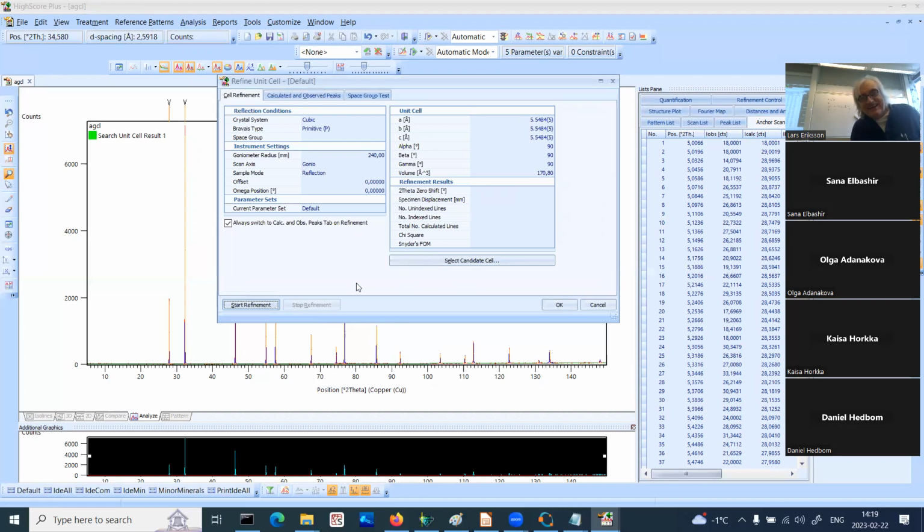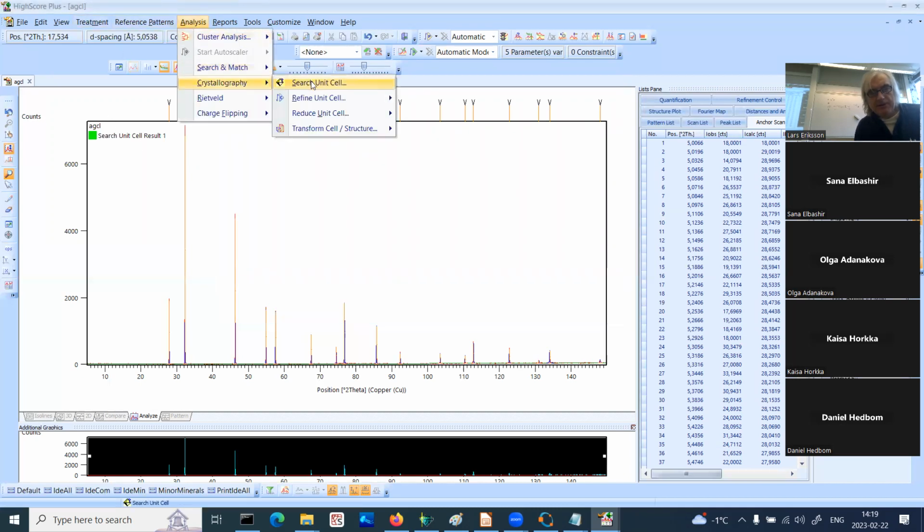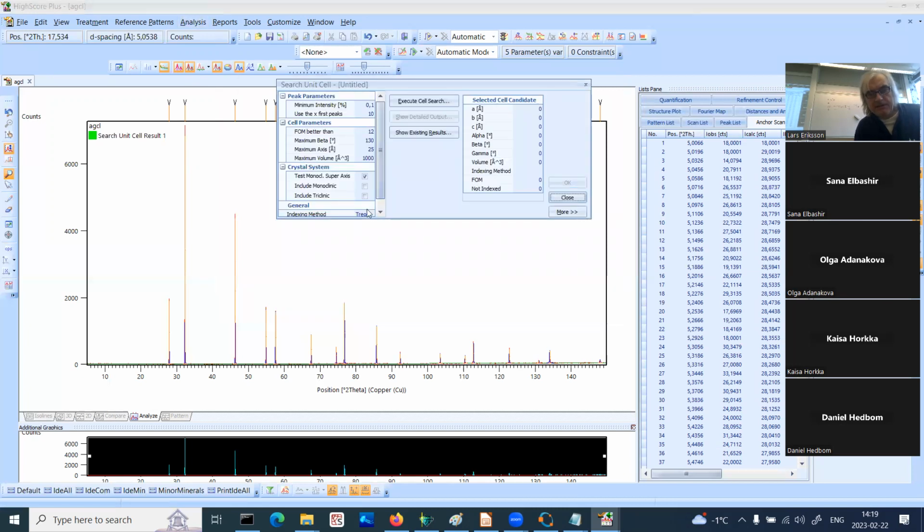Strange. With the same data. We'll see. Analysis, crystallography, search unit cell. How do I change?